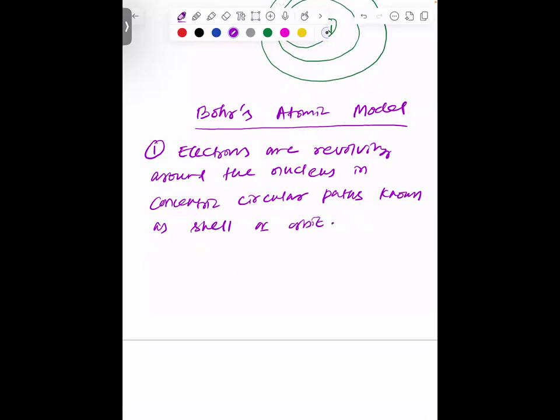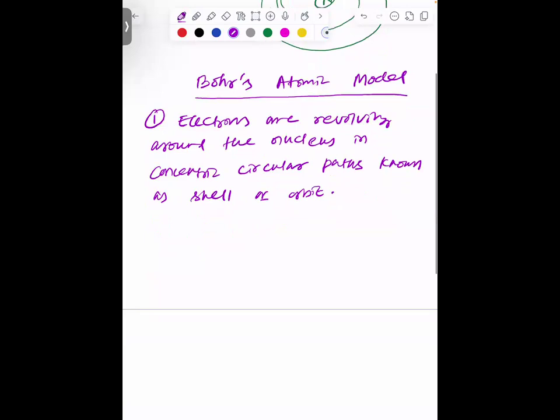Okay. Electrons are revolving around the nucleus in concentric circular paths known as shell or orbit. This is the very first postulate.